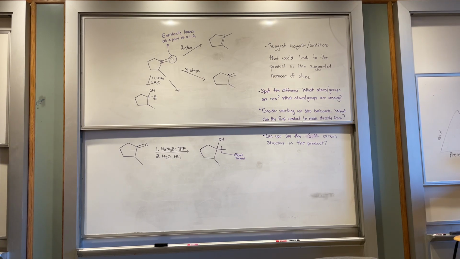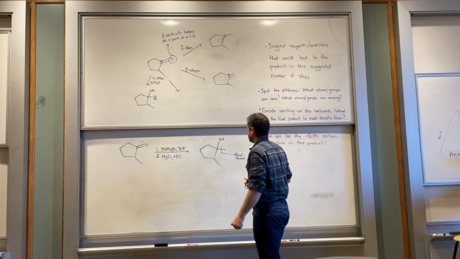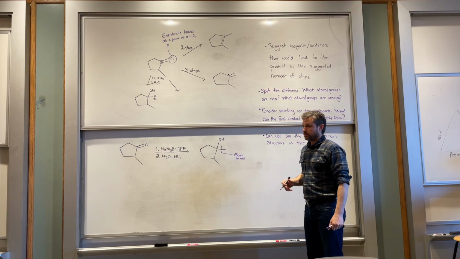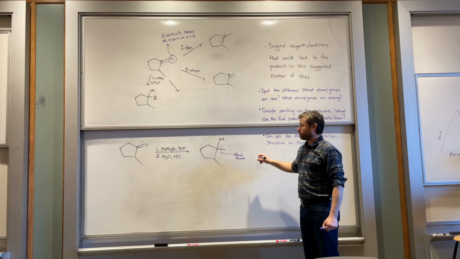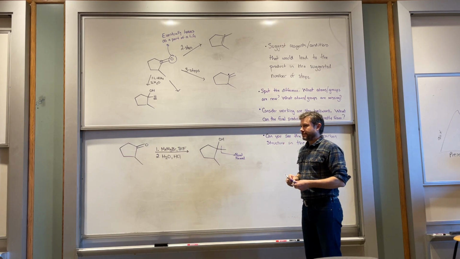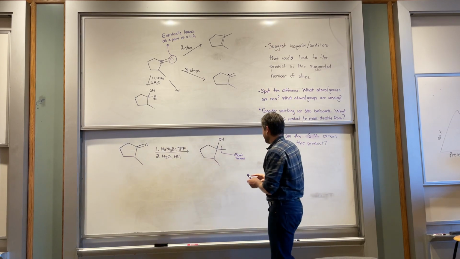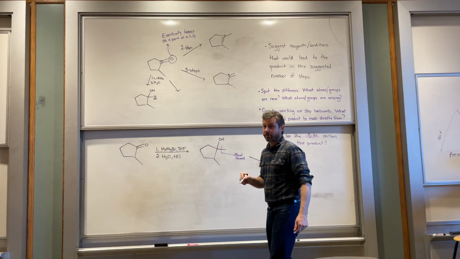Would you coordinate the OH group and then use the hydrogen on the bottom of the carbon to form that double bond to kick off the water? Okay. So you're right mechanistically, what would the conditions of that be? Acidic? Okay. So we can say this is a dehydration reaction, right?